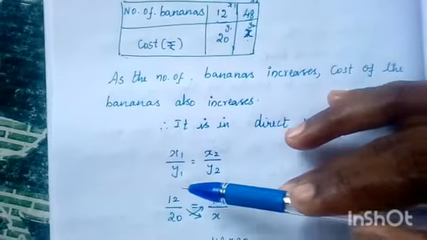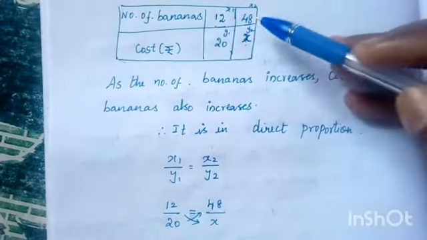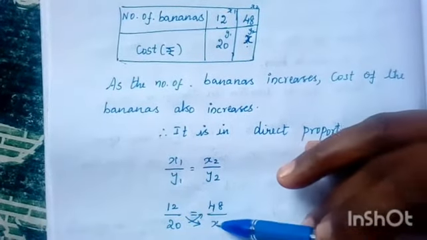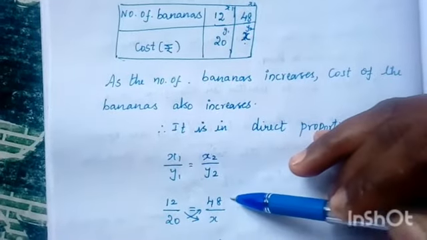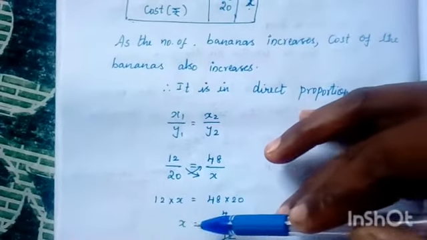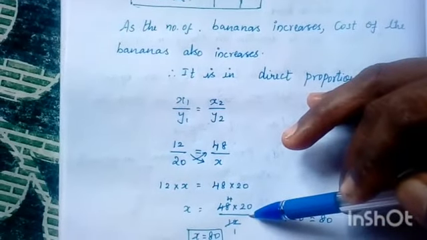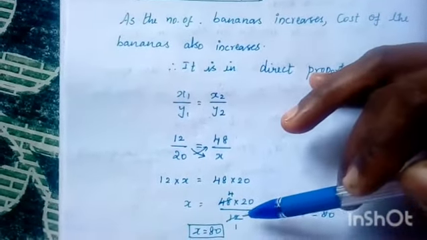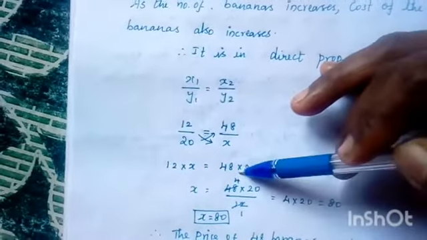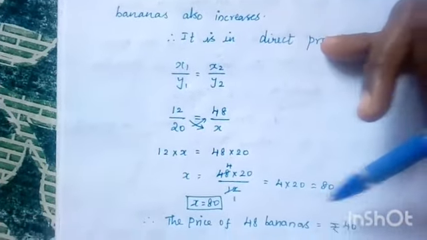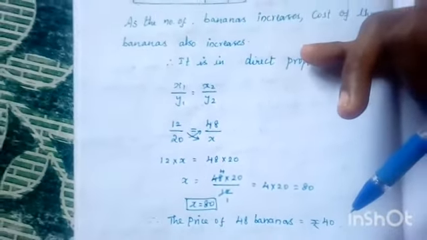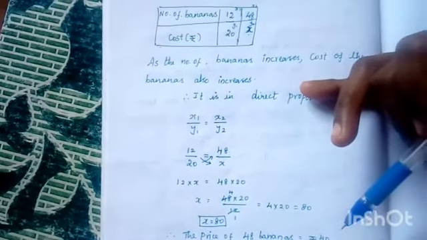X1 is 12, so 12 by 20 equal to 48 by X. Cross multiply: 12 into X equal to 48 into 20. To find the X value, transpose the 12 to the right hand side, where it becomes a division. Cancelling is possible, so cancel. One time it is 4, and 4 into 20 equals 80. The price of 48 bananas is rupees 80.